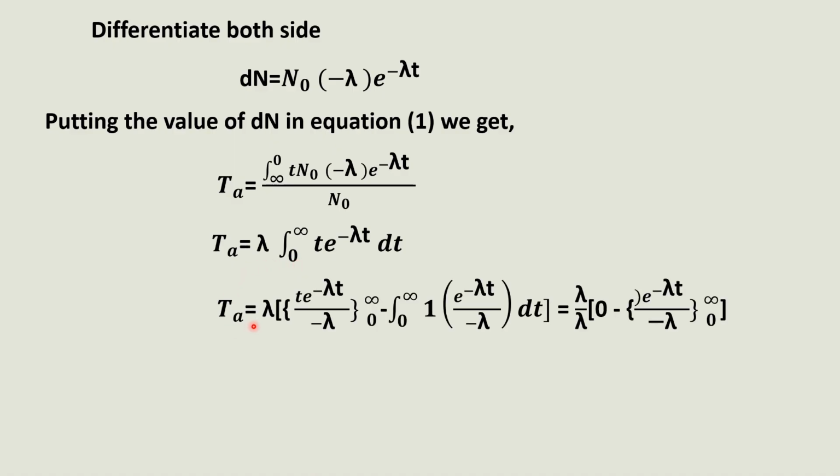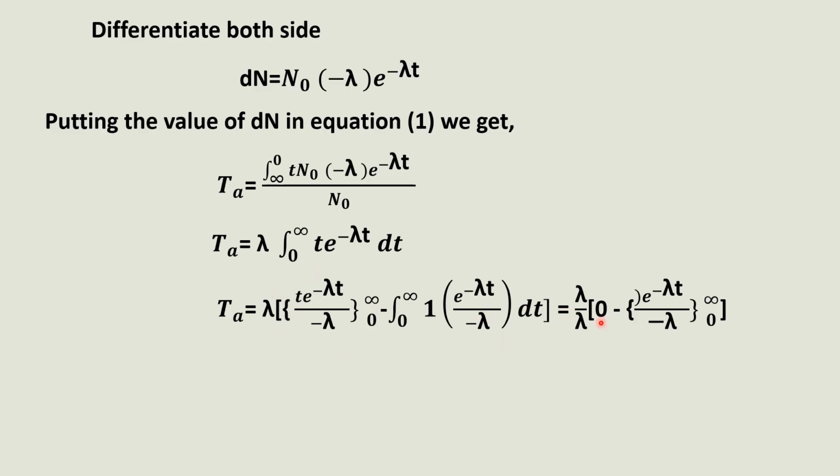So TA is equal to lambda times t e to the power minus lambda t by minus lambda with limits 0 to infinity, minus the integration of 1 into e to the power minus lambda t by minus lambda dt.